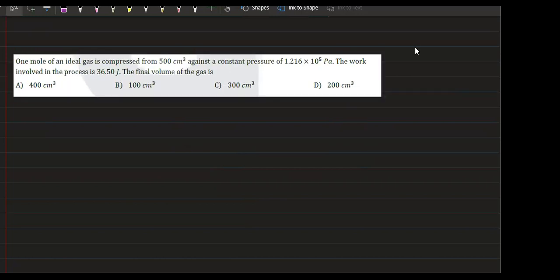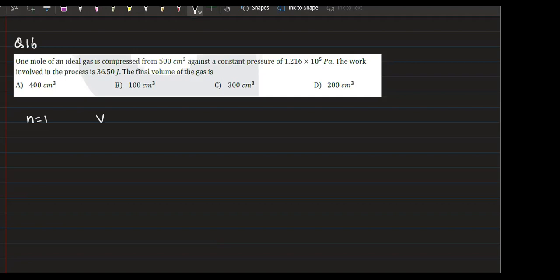Now, in this problem, first of all, as always, write down the information. Whenever you solve a problem, write down the information. So 1 mole of gas, n is equal to 1. Compressed, so obviously V2 will be less than V1, but still we will write from 500 centimeter cube.